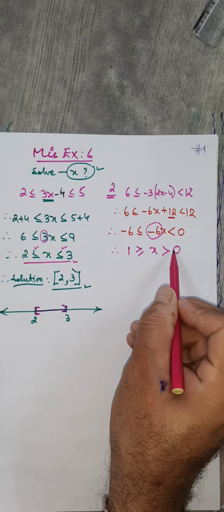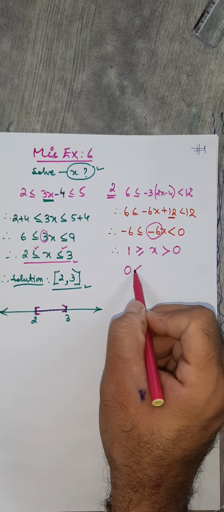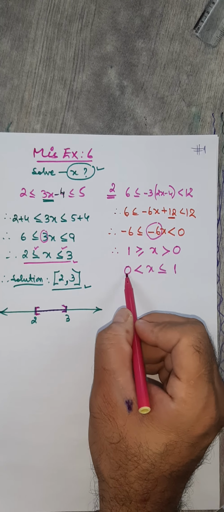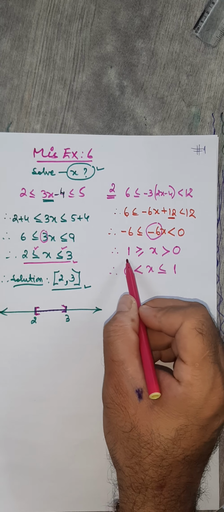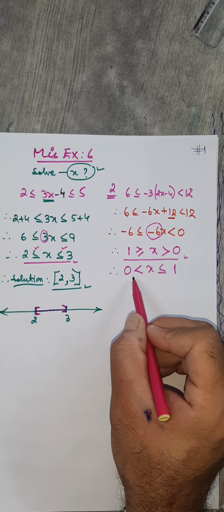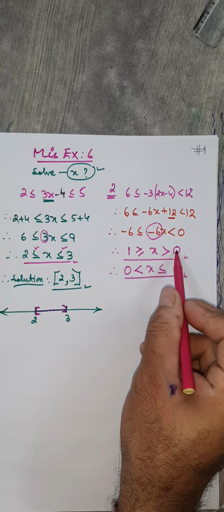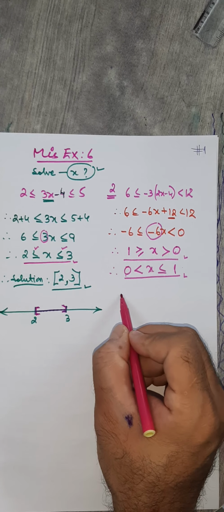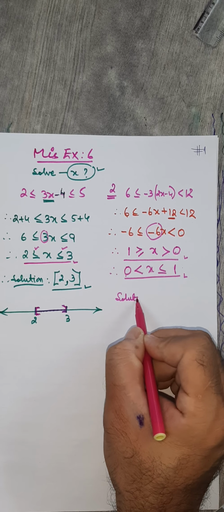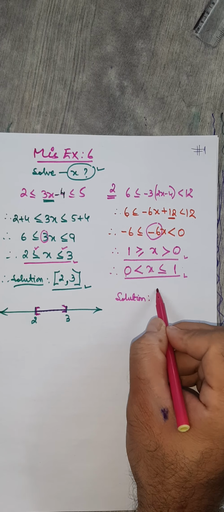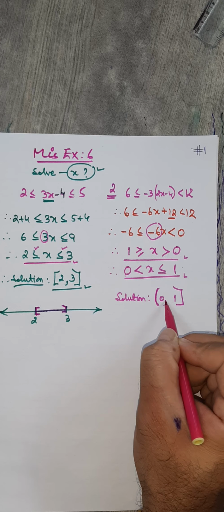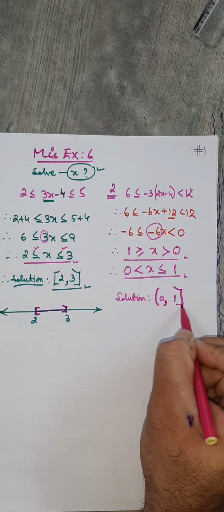Now that is same as, I'll write 0 less than x less than or equal to 1. Normally smaller numbers should be written first. This is same as this, remember. Just have changed the order. I wrote 0 first, then x and then 1. And therefore what's the solution? This is nothing but the open to closed interval, open closed interval, you know.